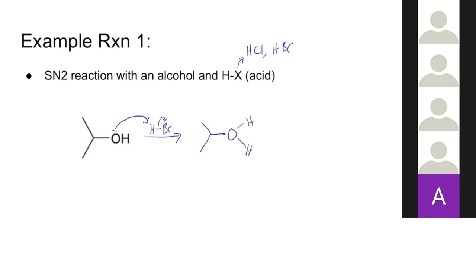Here we have our oxygen now with the extra hydrogen and a positive charge. And our Br minus is a pretty decent nucleophile, so it can come and do a backside attack and kick off our water molecule.